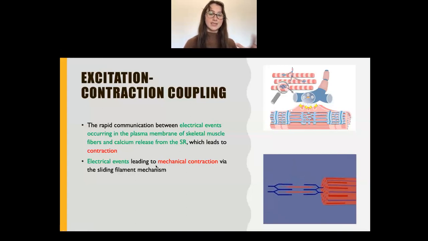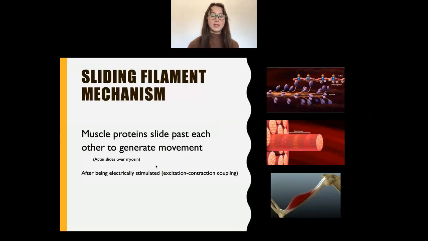So this excitation of the muscle fiber leads to contraction via the sliding filament mechanism. What is the sliding filament mechanism? This is simply the concept that muscle proteins slide past each other to generate movement.